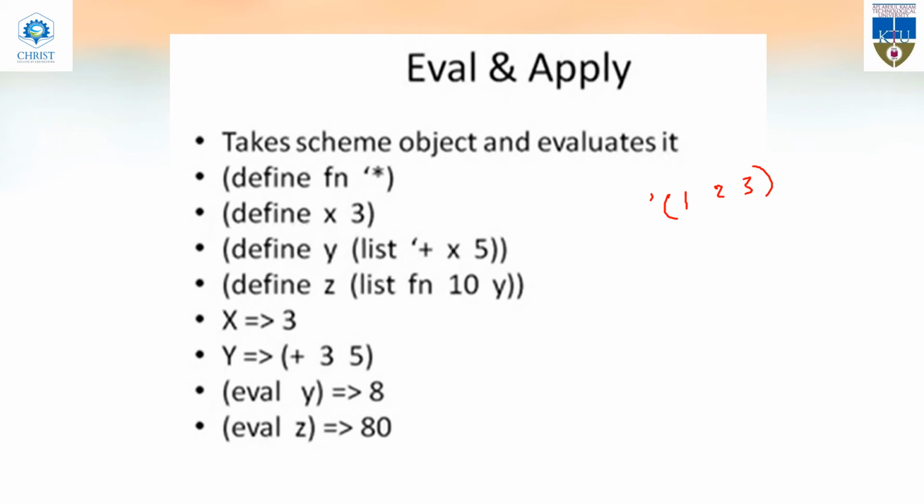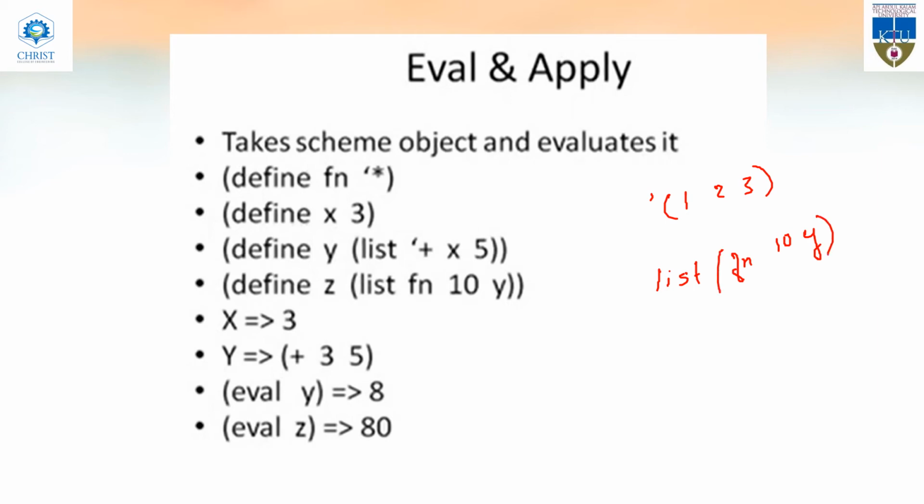This is a list which consists of 1, 2, 3. Likewise, if I am writing list fn 10 y, then also it means that these three things are a list.